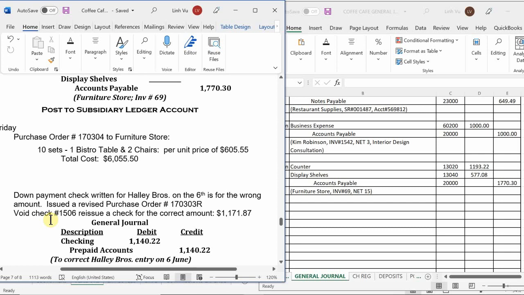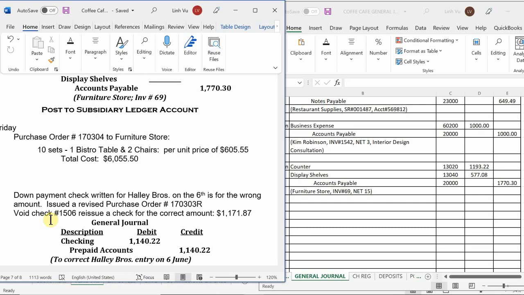We already sent it out. Rule of thumb: if you sent a check out and you're trying to correct it, you have two options. You can either send another check with a different amount, which will be acceptable, or you can just void the check and issue a brand new check for the correct amount.